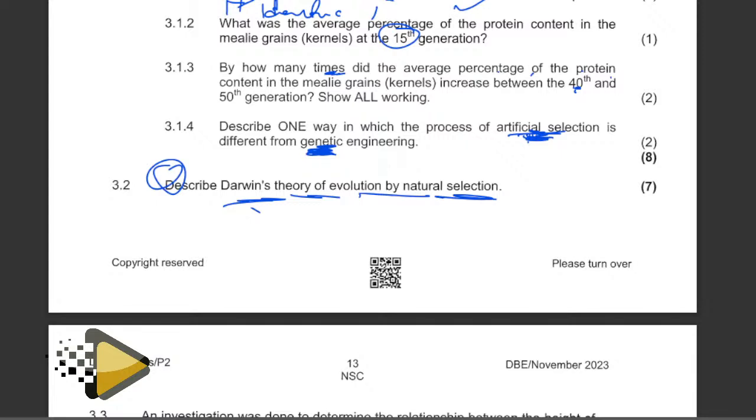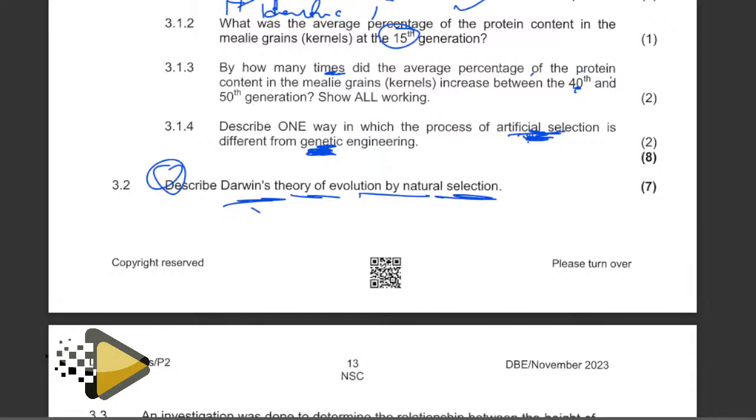Those with favorable characteristics survive and reproduce in large numbers, and they pass their genes to the next generation. Those without favorable characteristics die in large numbers. This is called natural selection.